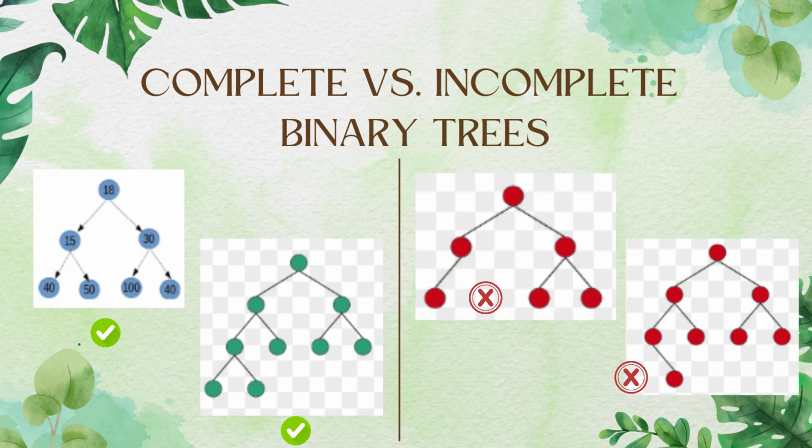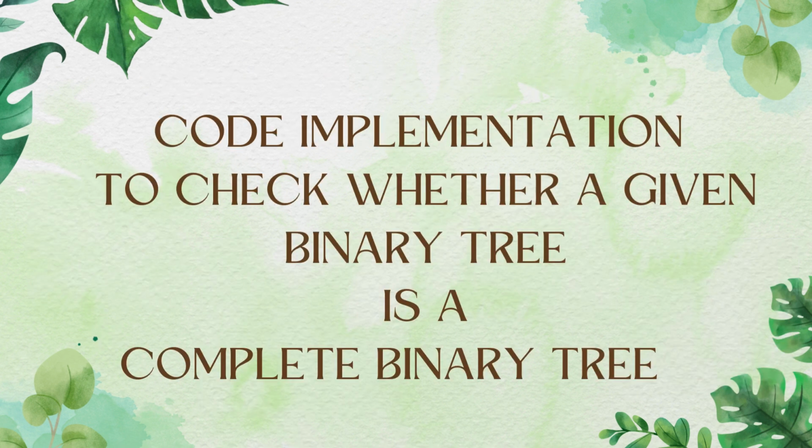If there is a missing node that causes gaps before the last level, it is not a complete binary tree. Also, if the last level is not filled from left to right, it is not a complete binary tree.